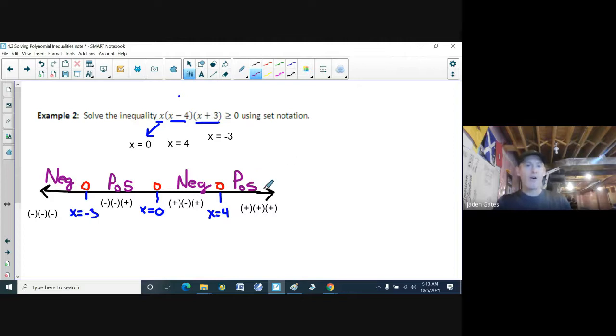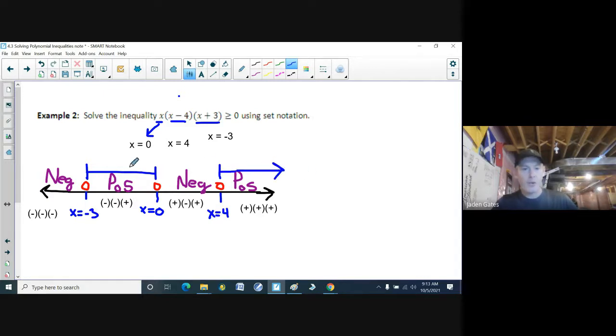All right, so now I am ready to solve the inequality. Because it says, when is it greater than or equal to 0? Well, on this interval right here and on this interval right here.